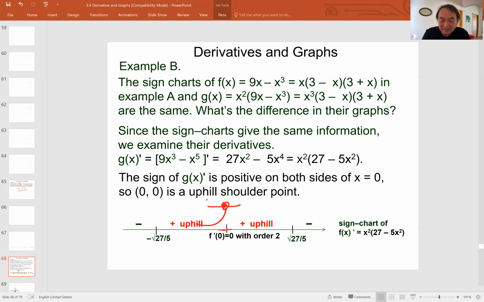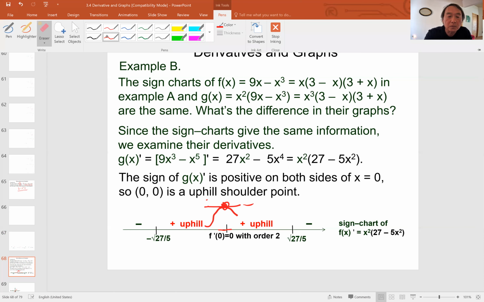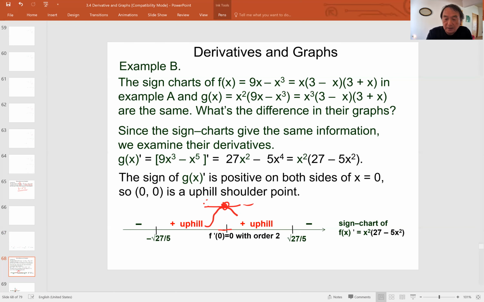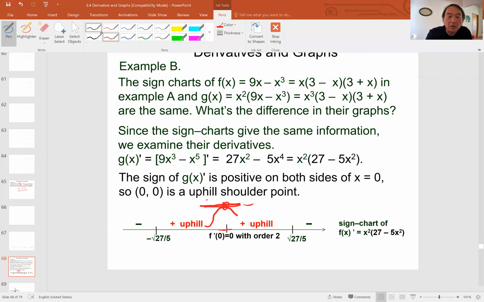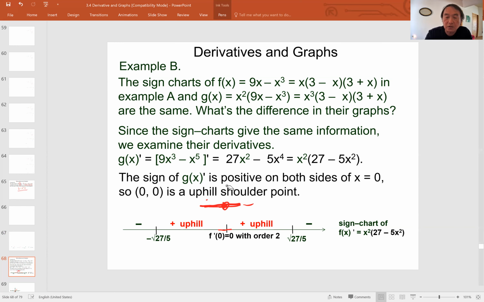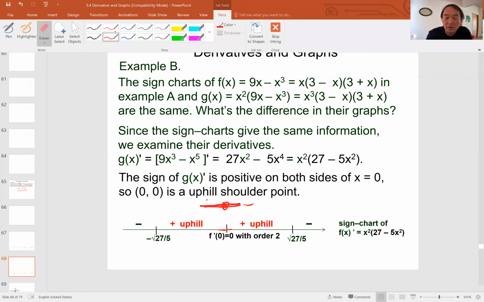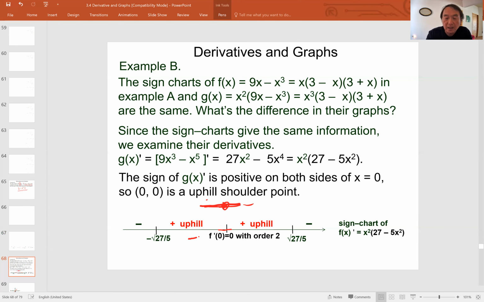In order to have a flat point where the derivative is 0, I have to flatten out. The derivative is 0 over here, and in order to go uphill on both sides, I couldn't go straight in like that.